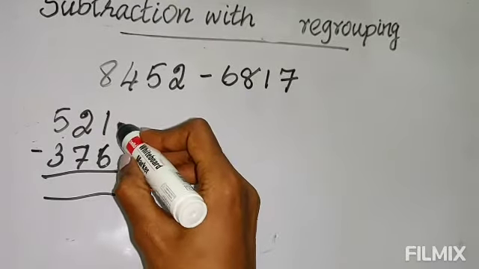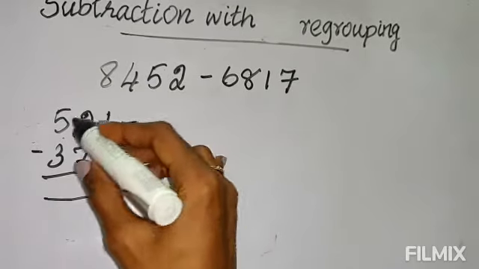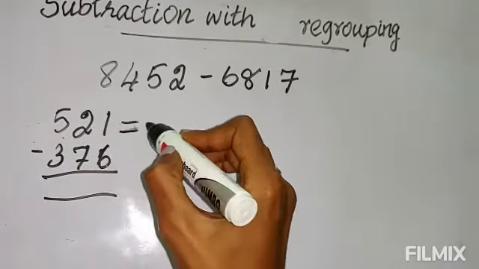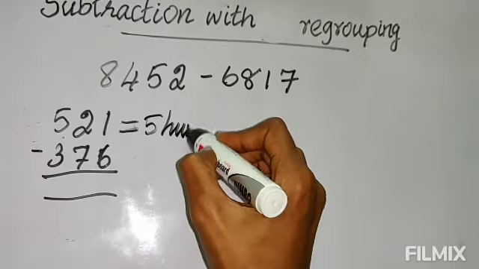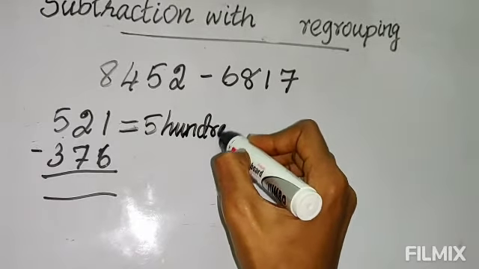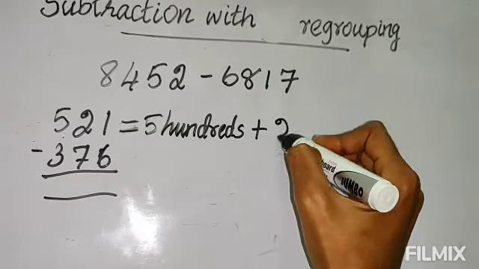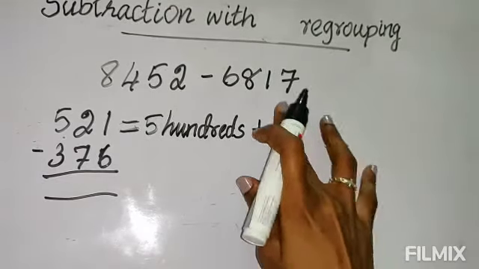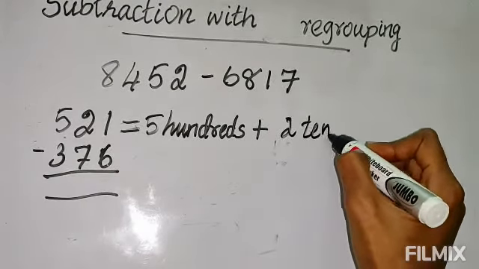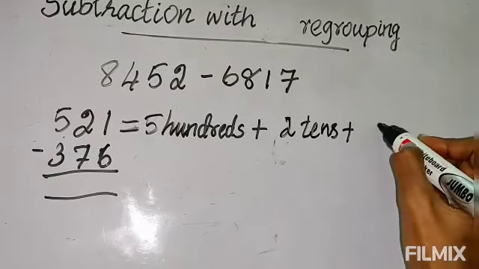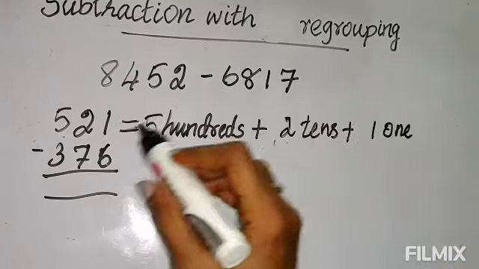See here, if you take this number, the highest place is hundreds. So in the hundreds place there are 5 hundreds, and we have 2 tens, and we have only 1 one.